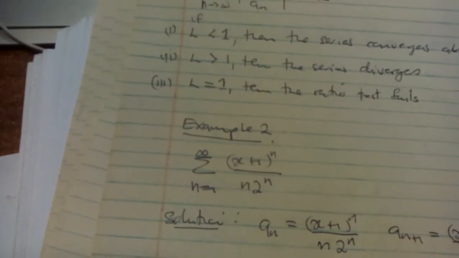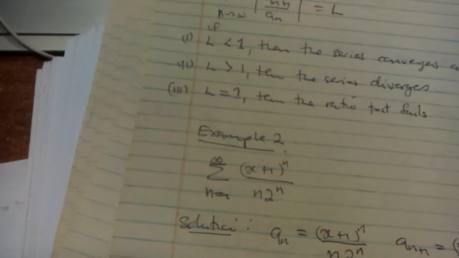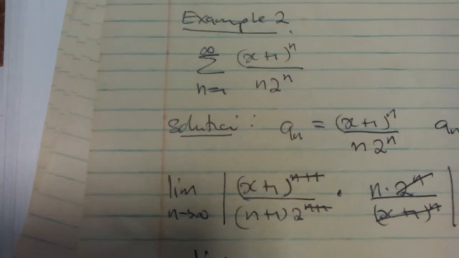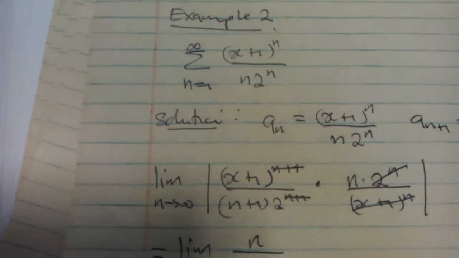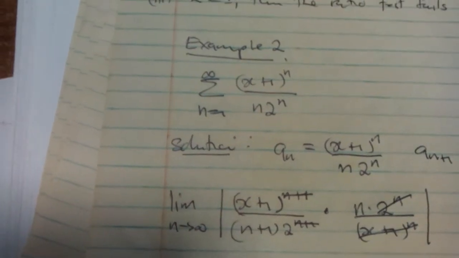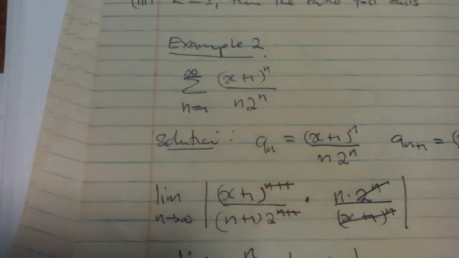And clearly this term cancels with all that. In fact, I'm just left with this term, and then 2 to the n cancels that, and I'm left with the 2 there, and then this one goes, so that I'm left with what? The limit as n goes to infinity of n over n plus 1 times the absolute value of x plus 1.